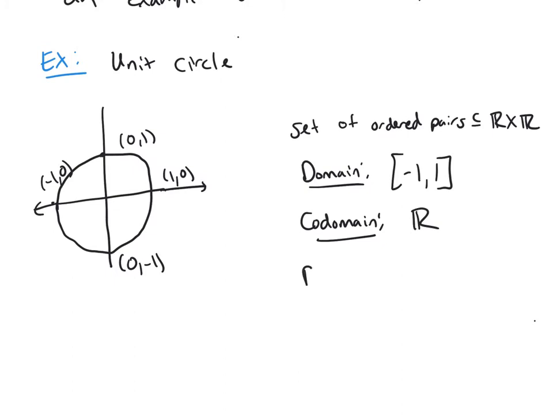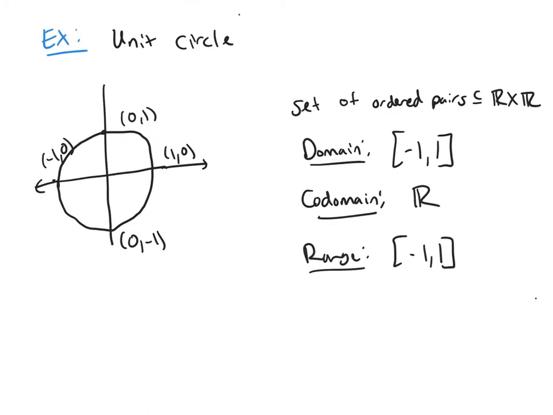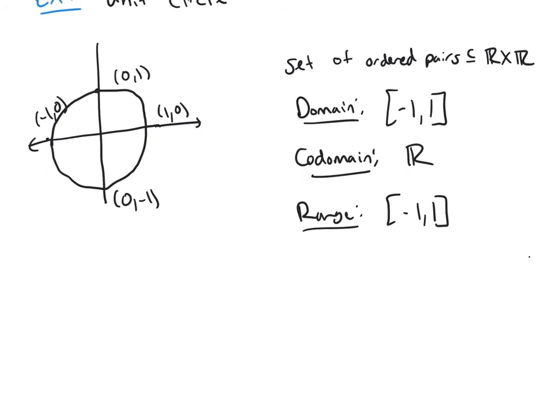But then my range, what are my specific y values here? -1 to 1. And we could call this relation, let's give it a name, C. It's the set of (x, y) in R cross R, where x squared plus y squared equals 1.